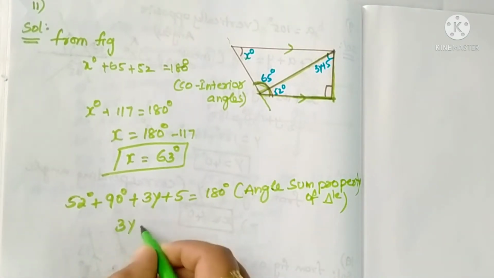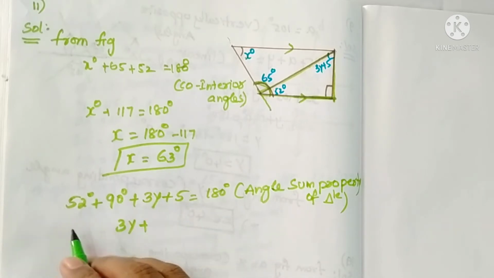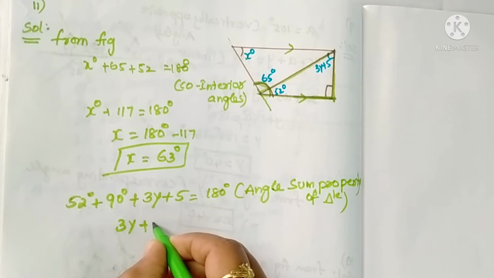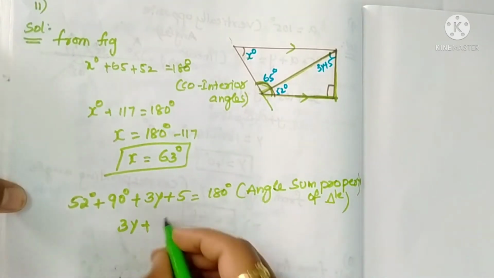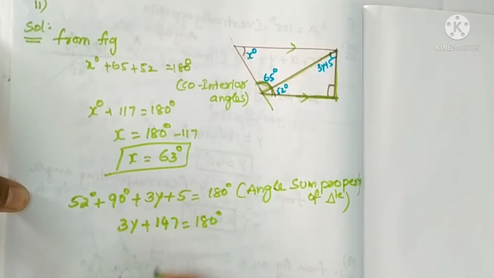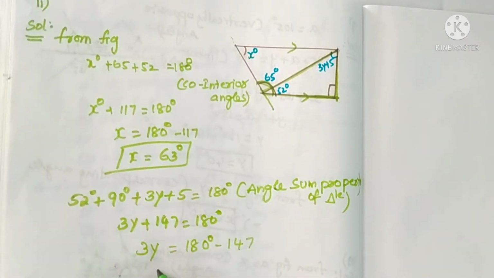So 3y plus 52 plus 5, 57. 90 plus 57, it is 147. So 180 degrees. Then 3y equals 180 minus 147.